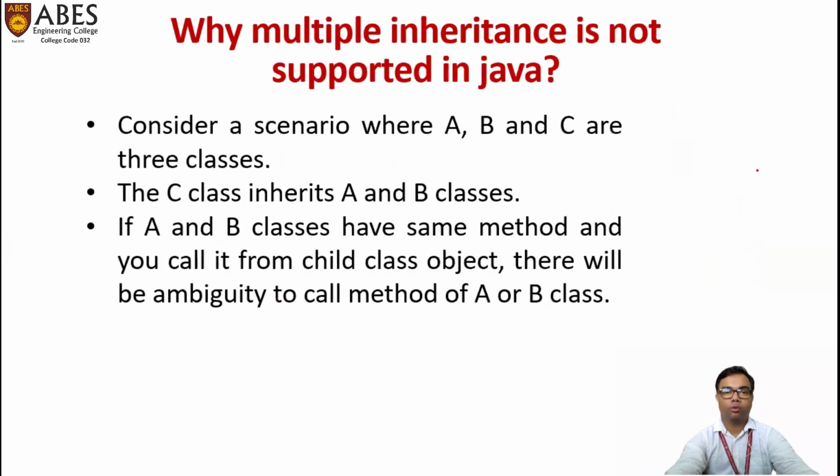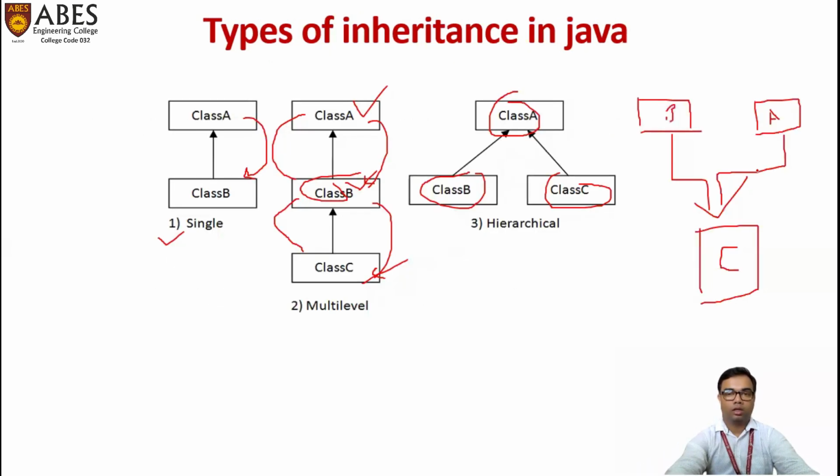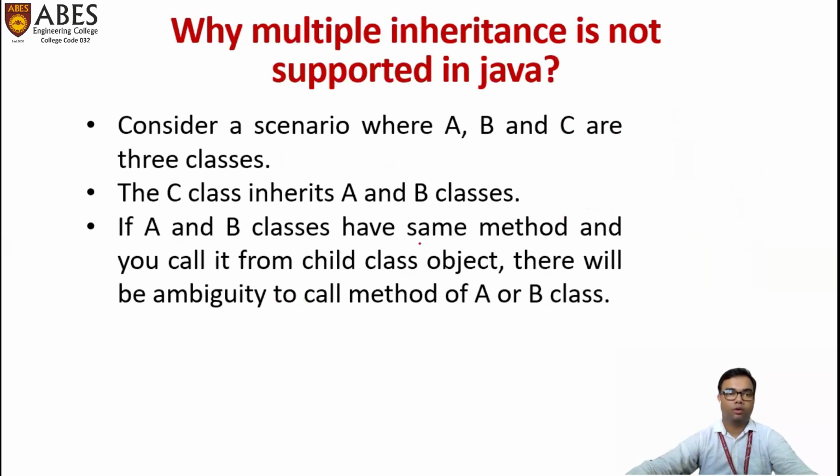Why does Java not support it? The reason is, as you can see here, we have the classes A and B, and we are going to inherit the classes A and B into C. So just consider this scenario.